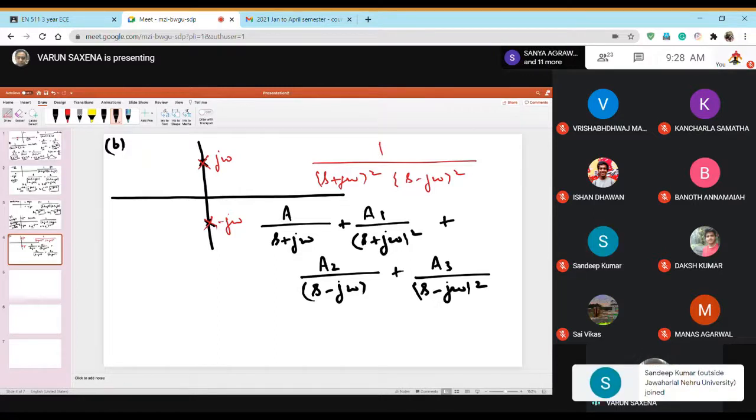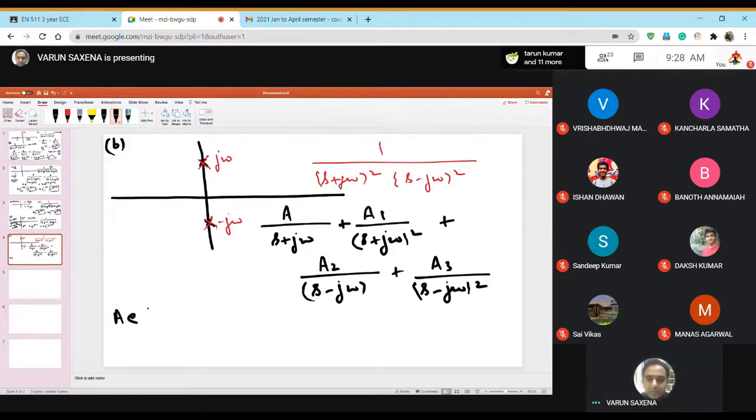So if you take the inverse, you're going to get something like Ae^(-jωt). Okay, no problems with this. The second part is going to give you some A1 t e^(-jωt), right?